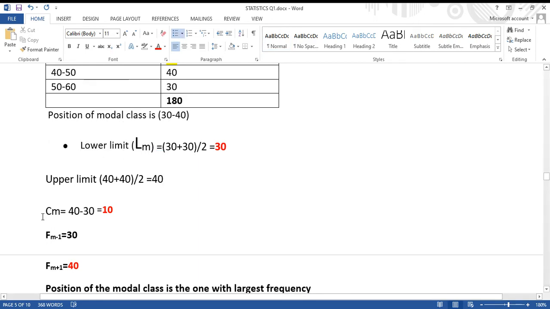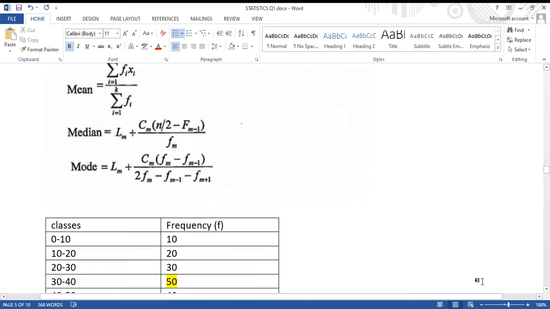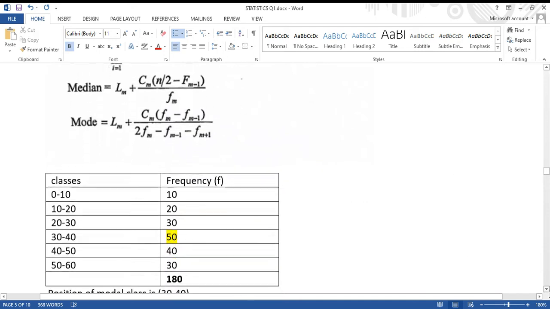I've got a question on how you picked, is it the 30 and the 40 on the fm minus 1 and the fm plus 1? Is it the one where it's got the highest frequency, the 30 and the 40? No. fm minus 1 is the frequency of the class before the model class.